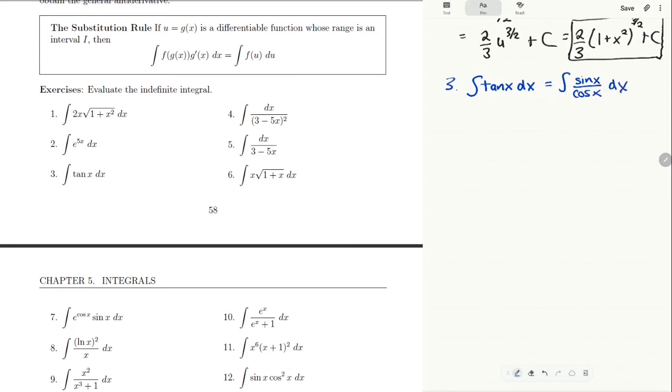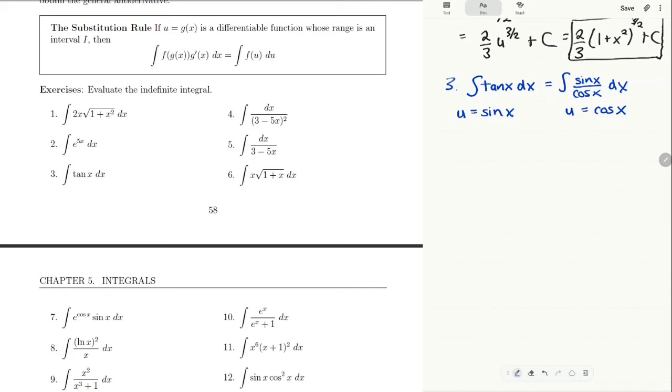And so we want to find the antiderivative of sine x divided by cosine of x. Here we're going to look at making a substitution. There are two different functions we could choose for u. We can choose either u to be sine of x or u to be the cosine of x.